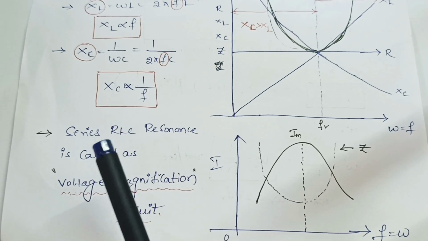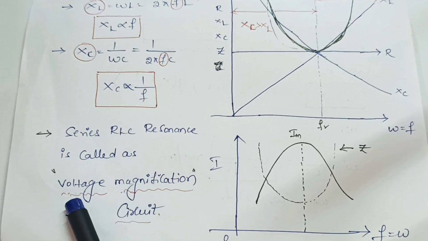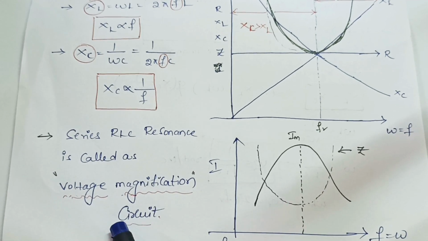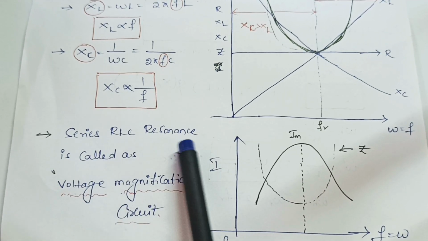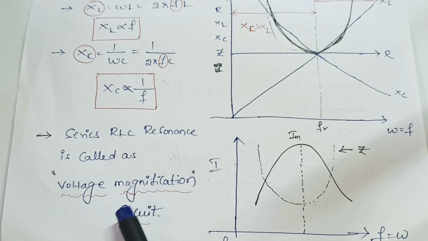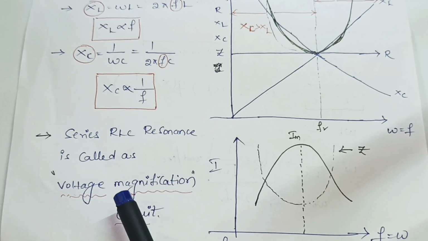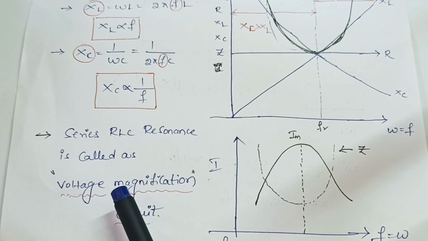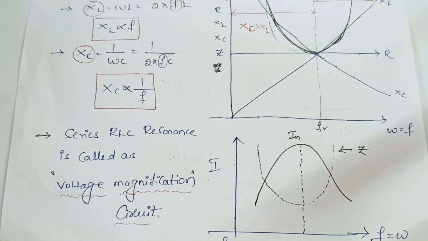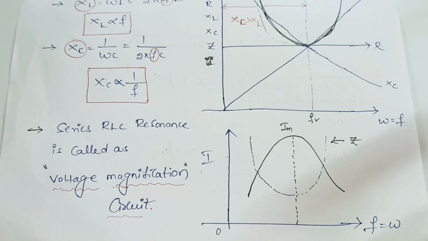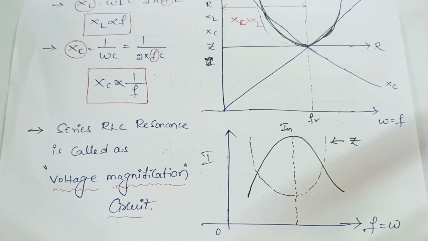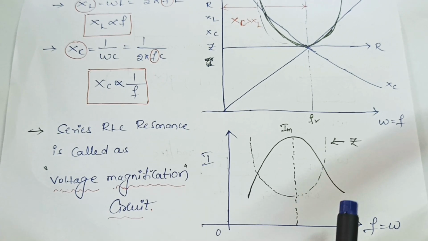This series RLC resonance is also called a voltage magnification circuit, and is also called an acceptor circuit. Now, coming to the graphical representation of series RLC resonance, the current versus frequency.